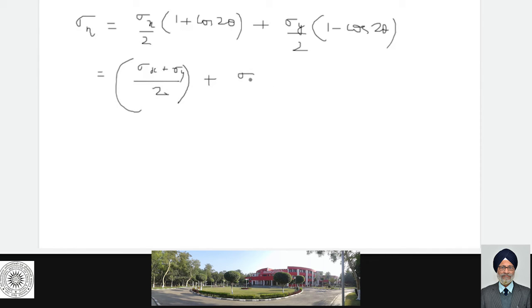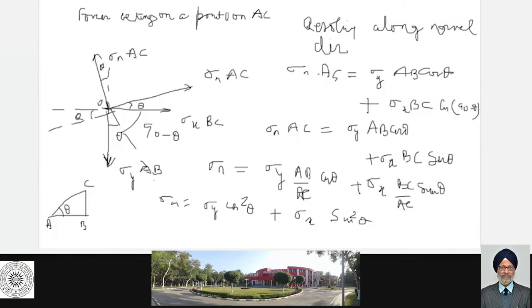So here it will be sigma x, it will be sigma y sin square theta, AB upon AC. AB upon AC is cos theta, isn't it? So here I think we have made a mistake.